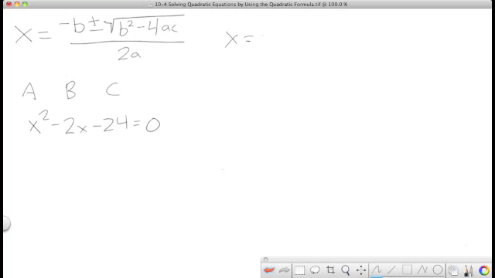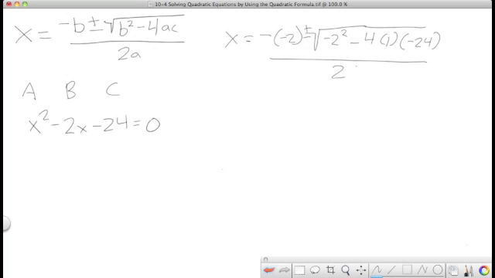X equals negative b, which is actually negative negative 2, so we know that's going to be a positive 2, plus or minus the square root of b, which is once again negative 2 squared, minus 4a, which since there's nothing before the x squared, a is 1, and c, which is negative 24. So that's going to be over 2 and a, which is once again 1.